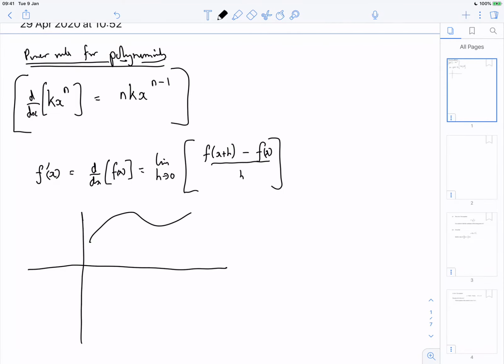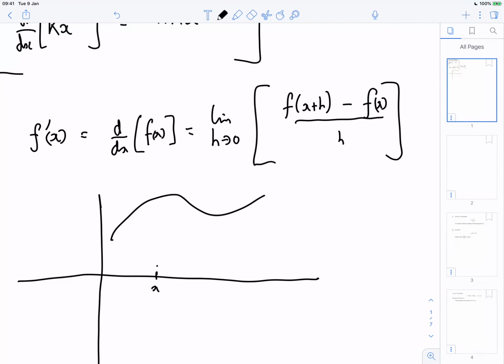So if here's my function, if I take this value to be my x, and it outputs a y value, say f of x, where this is the graph y equals f of x, and I move forward some amount h, so this point here is x plus h, and that point here corresponds to a y value of f of x plus h, then the gradient between these 2 points best approximates the gradient of the curve, the tangent at that point, if this distance h tends to 0, i.e. make it as small as possible, infinitesimally small.